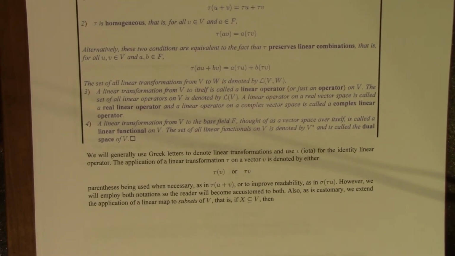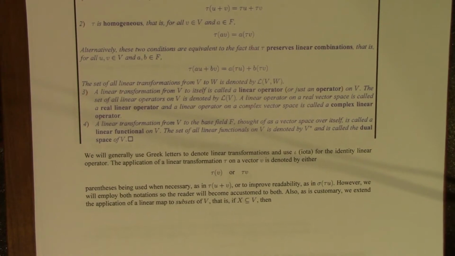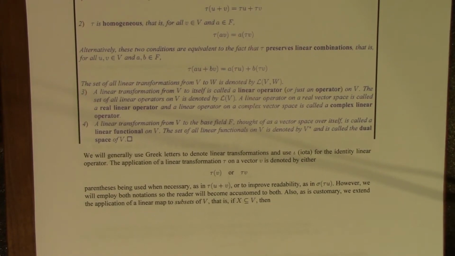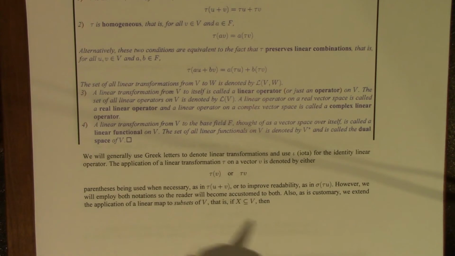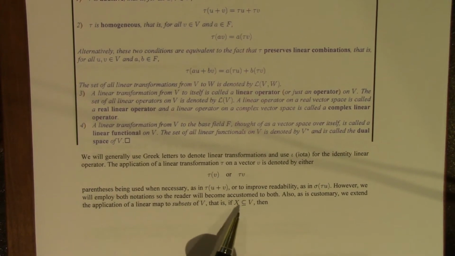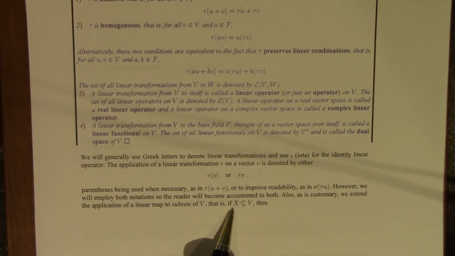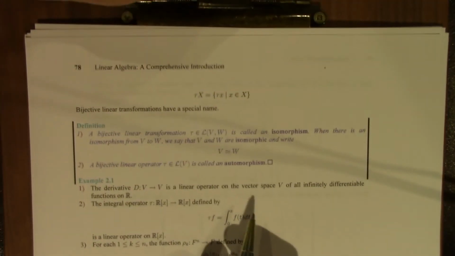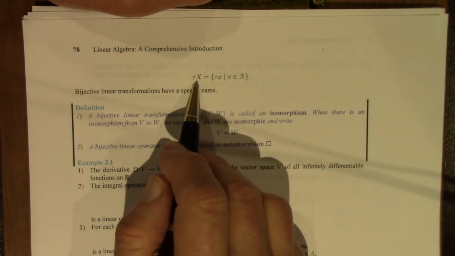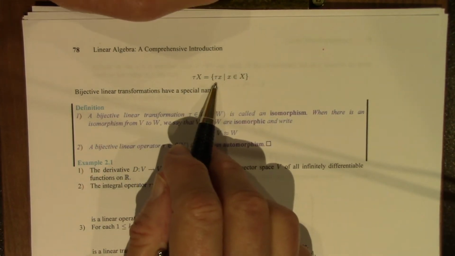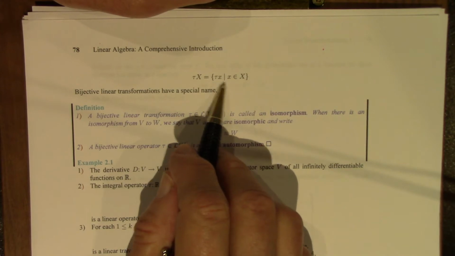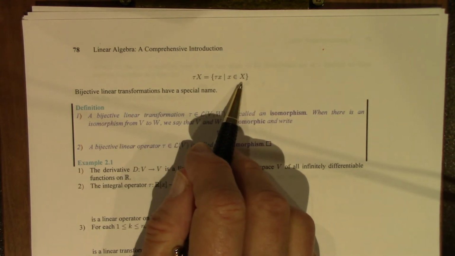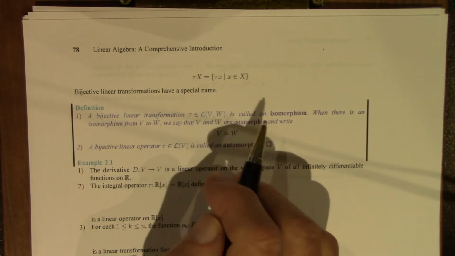We can extend the application of a linear map from the vectors in V to subsets of V in the expected way. If X is a subset of V, then tau of X is just the set of all tau of little x, where little x varies over the set capital X.